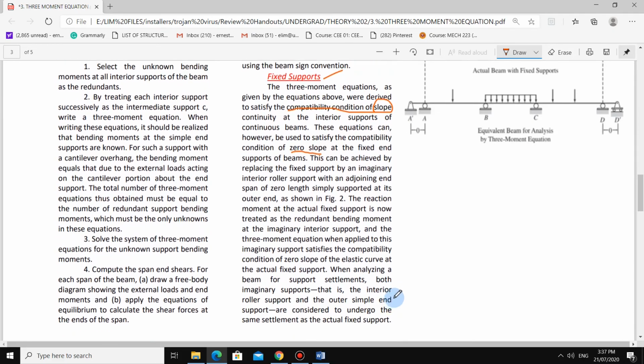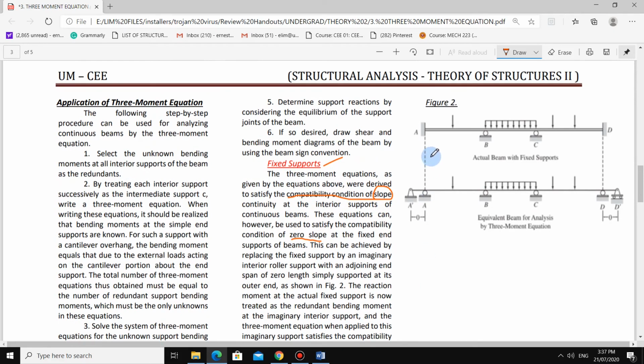Okay, so what he is emphasizing, guys, is the same thing. Say you have this actual beam with fixed supports, at the left end A and at the right end D. So what you do, guys, to be able to use the 3-moment equation, is change A into a roller, and you have an imaginary support here.